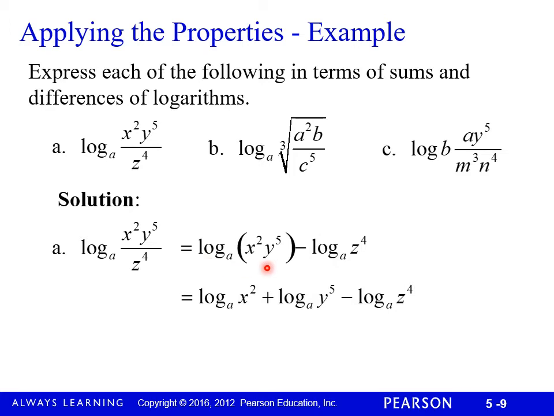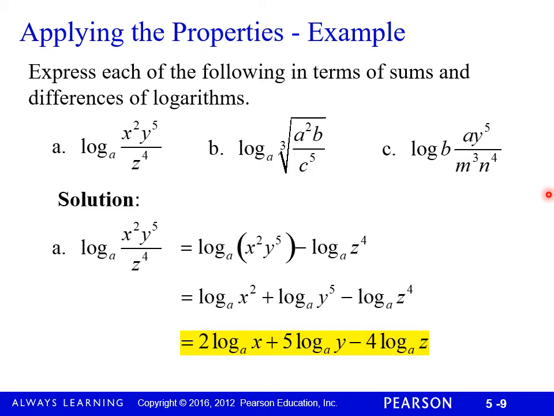So we can rewrite this first log as log of x squared plus the log of y to the 5th. We now have exponents on each of the arguments of the log, so we can bring all of these exponents down in front. And so we get 2 log x plus 5 log y minus 4 log z.